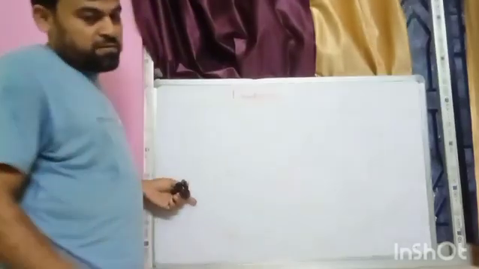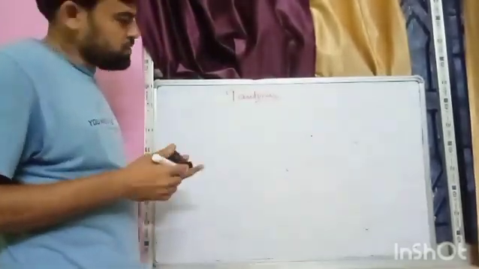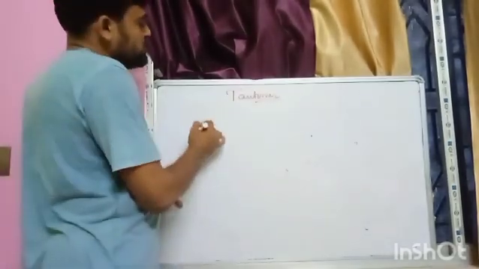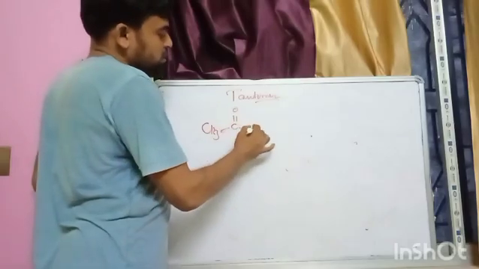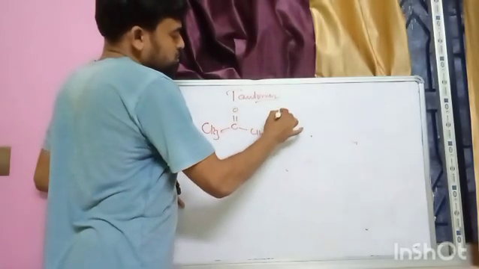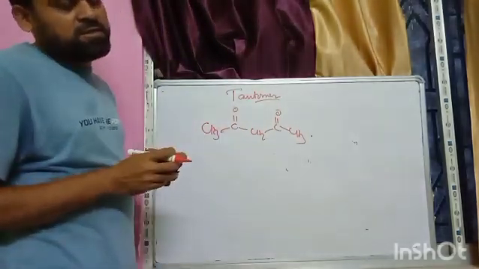Here generally an example of keto-enol tautomer, that you see in all the books, is CH3 single bond C double bond O, single bond CH2 single bond C double bond O, CH3. It is called acetyl acetone.